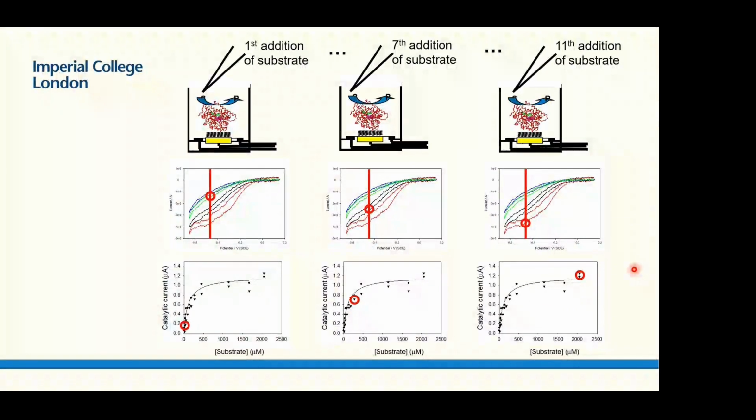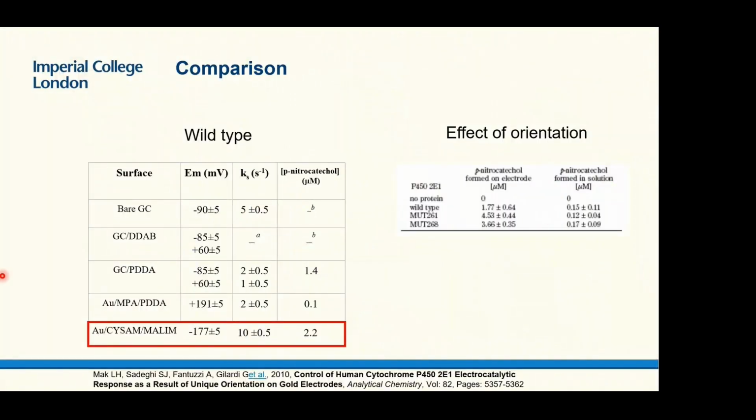and then you get the catalytic current progressively increasing with the increasing concentration of substrate, and then you can reconstruct your Michaelis-Menten curve. And what we can see when we compare all these different immobilization methods is that the one that gives the best performance in terms of product formation is when we have the protein covalently bound and oriented on the electrode surface.